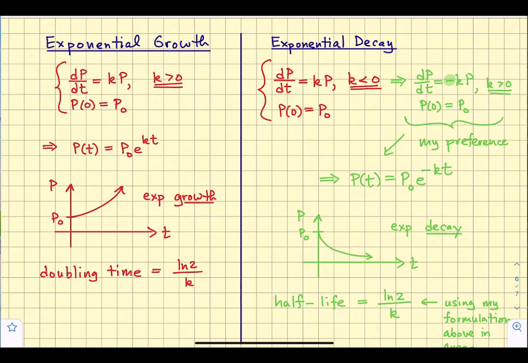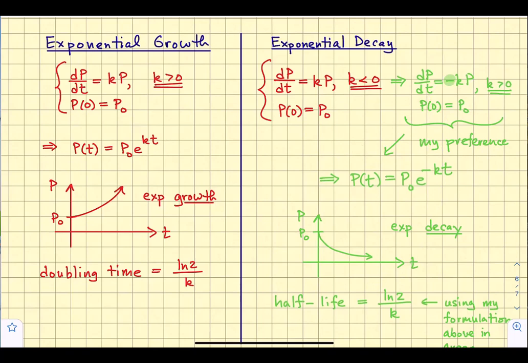Now here's the difference. For an exponential decay model, the book writes their model down like this, so it looks the same, but you have to remember that the k here is a negative number. That's totally fine, it's totally correct. What I prefer to do is make it really explicit, and I follow what's in the green.